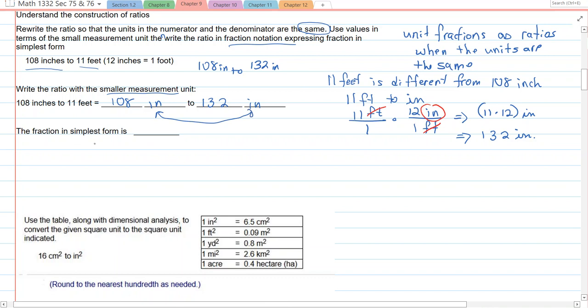Okay, the fraction in simplest form. Well, we have 108 inches to 132 inches. In this case, the inches go away because they're the same unit of measurement in the numerator and denominator. And now we have to simplify.